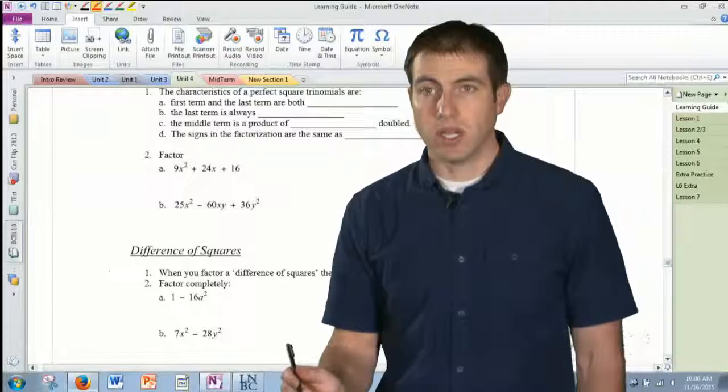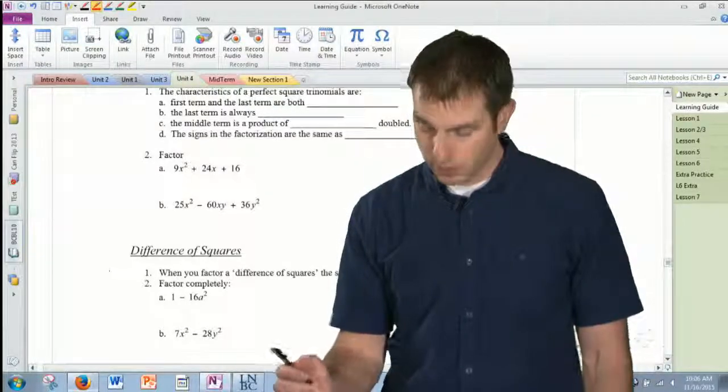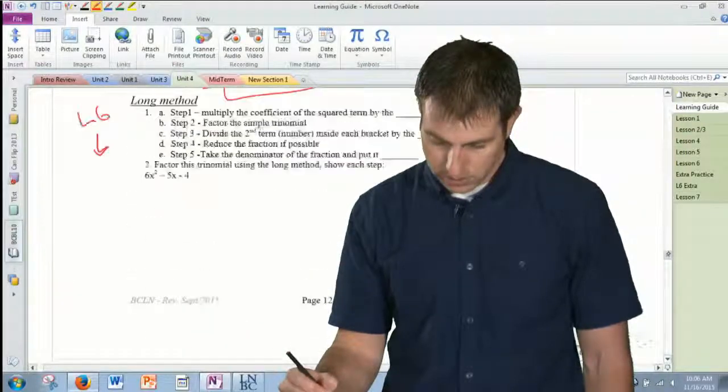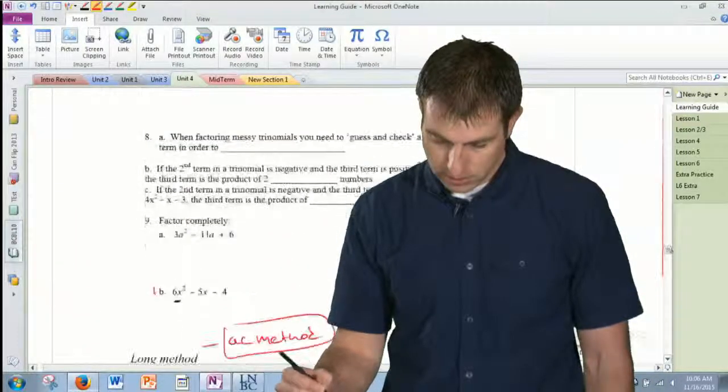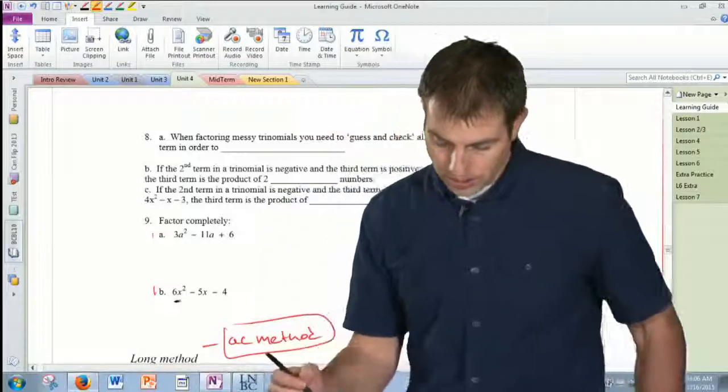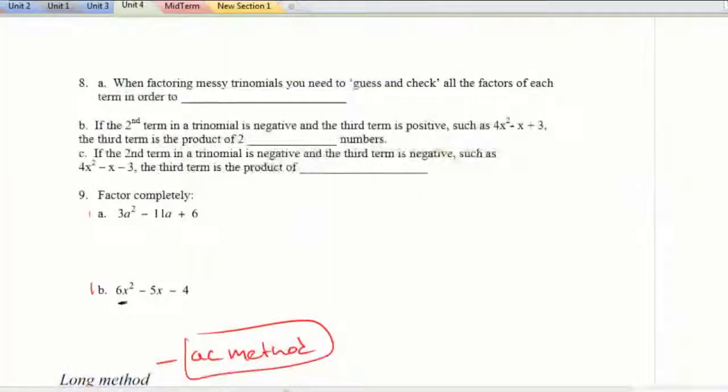There's a couple questions. Can you look at number 8 on page 12 of the learning guide? When factoring messy trinomials, you need to guess and check all of the factors of each term in order to.